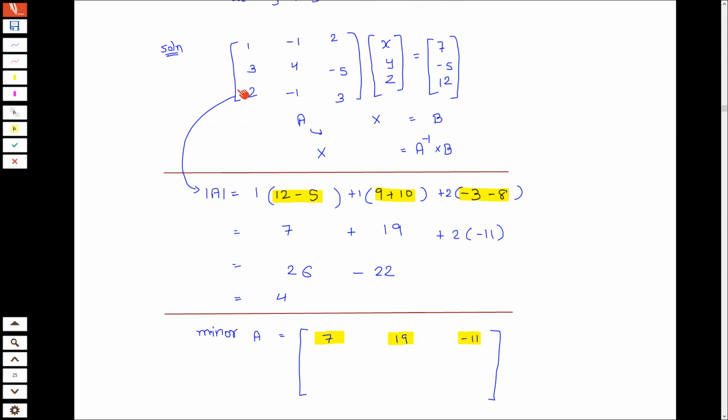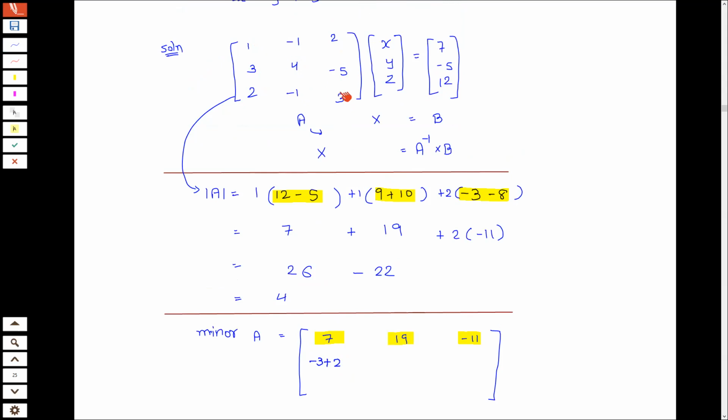Now look here, this is my matrix. Now in place of 3, if I ignore row and column, I get this minus 3 plus 2.